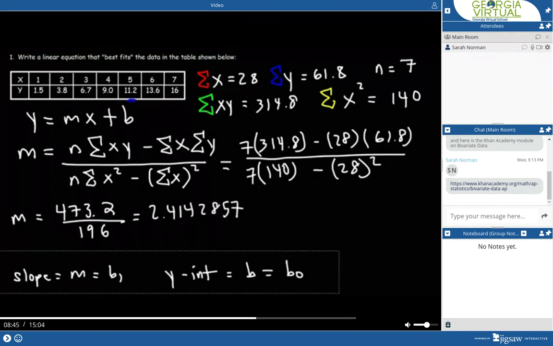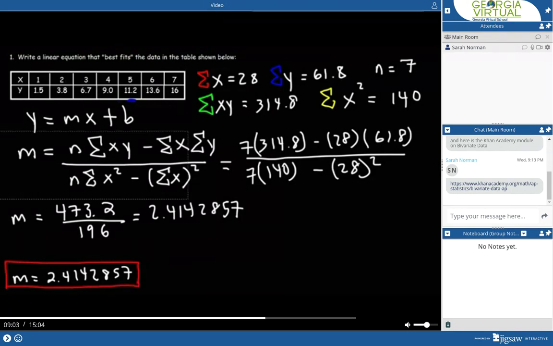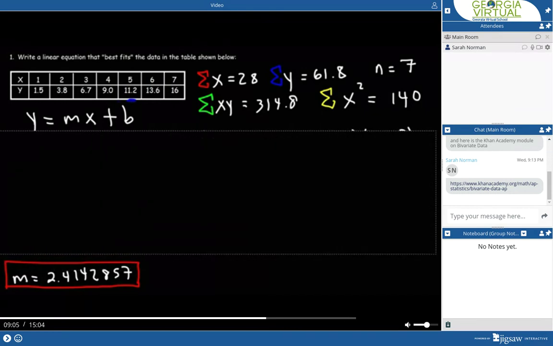I'm just going to rewrite that at the bottom so we can save that for later. So this is the slope of the line. I'm not going to round it early because we're going to need our m value to calculate our b value. So now we can get rid of this.